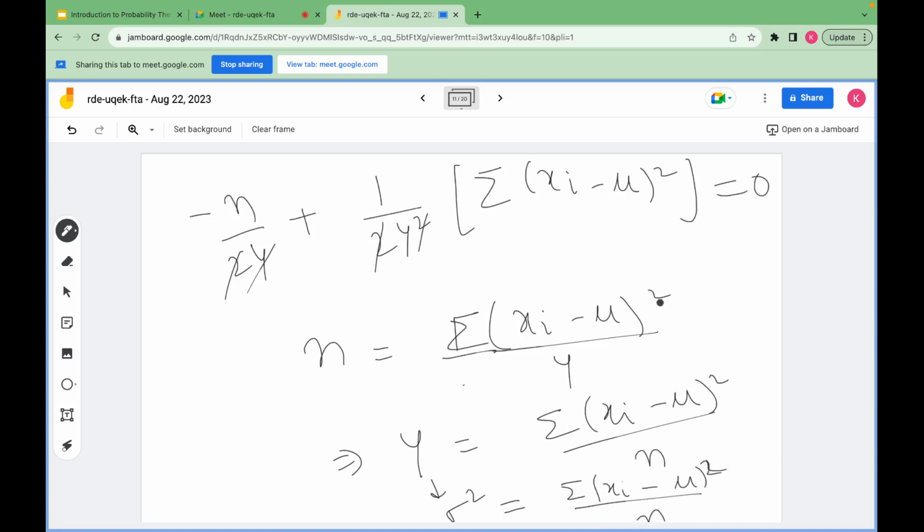So this is how you use this maximum likelihood estimator to estimate these parameters for the population from the samples, from the sample statistics.